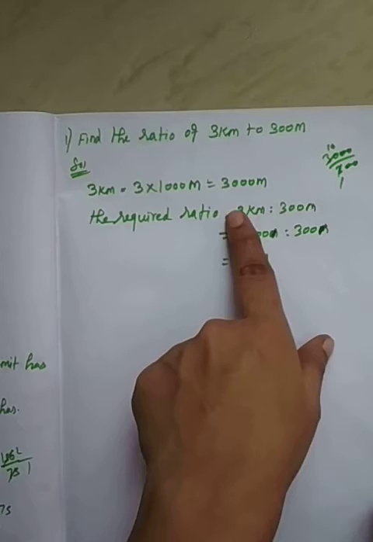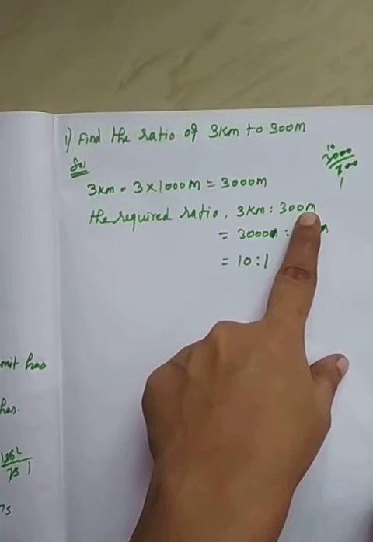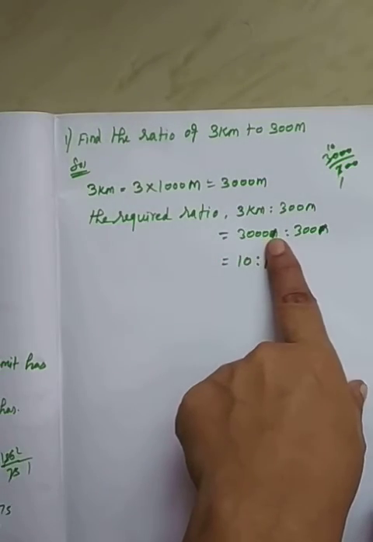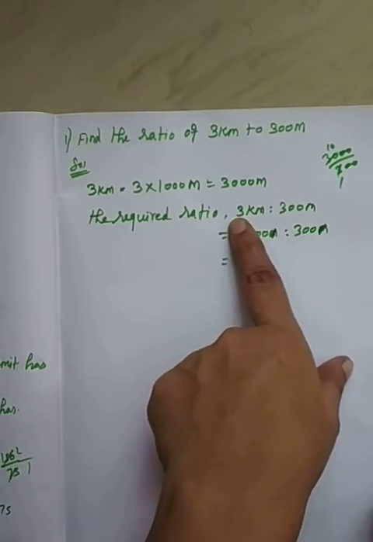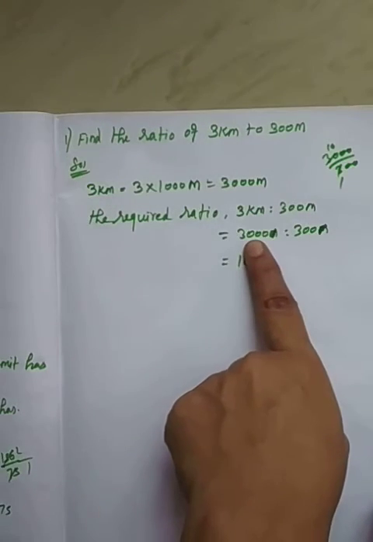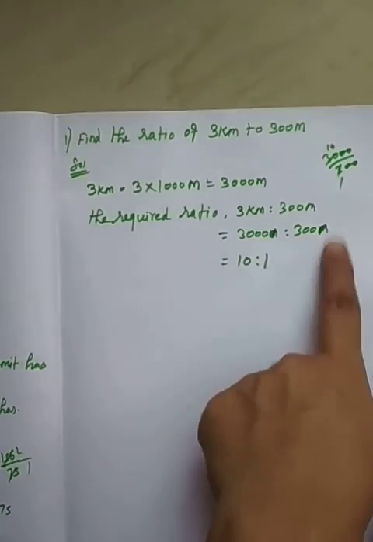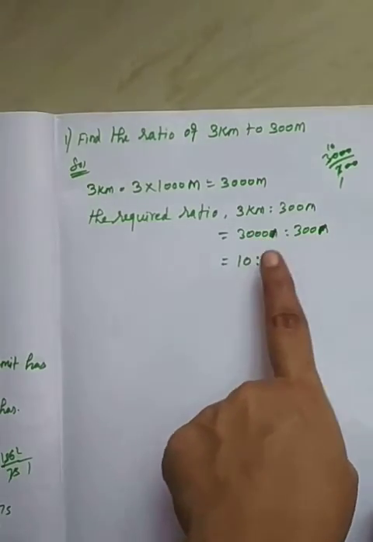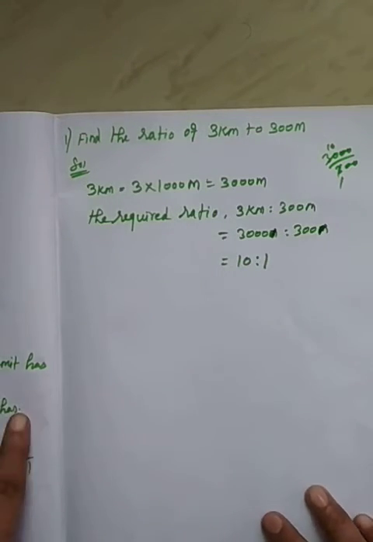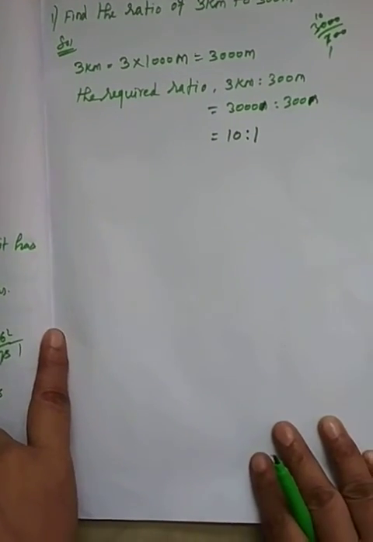Therefore the required ratio is 3 kilometer is to 300 meter, and the ratio has no unit. So 3 kilometer is 3000 meter, and you write 3000 is to 300. Now both are in meter. Simplifying, you will get 10 is to 1. Clear? Okay. Now we have to see the equivalent ratio.